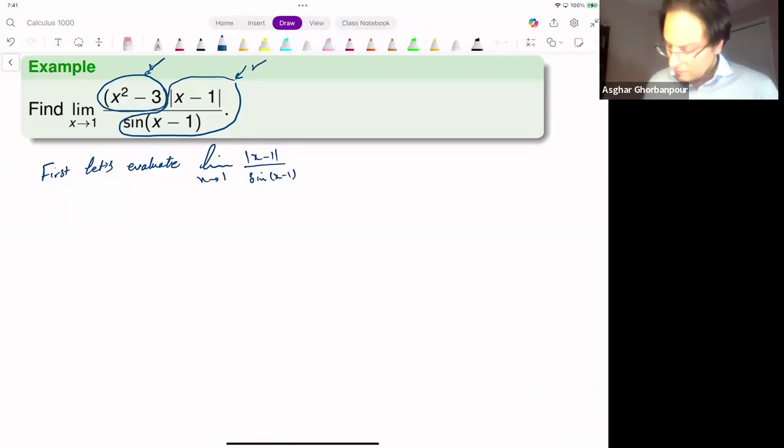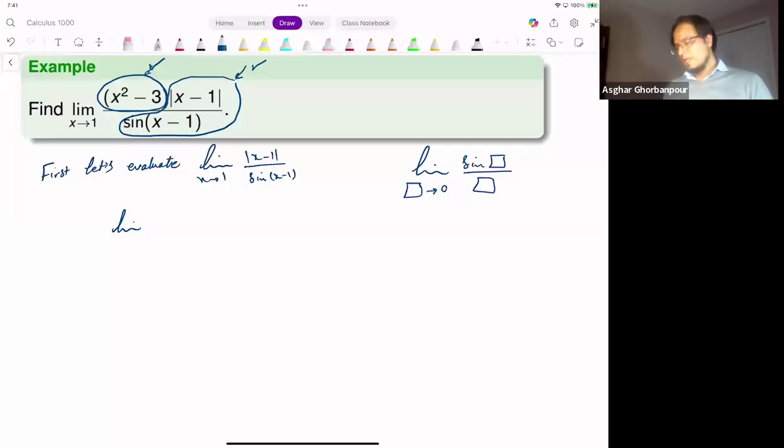But this is our friend, the limit of sine box over box as box goes to 0. Oh my God. No, there's an absolute value there.